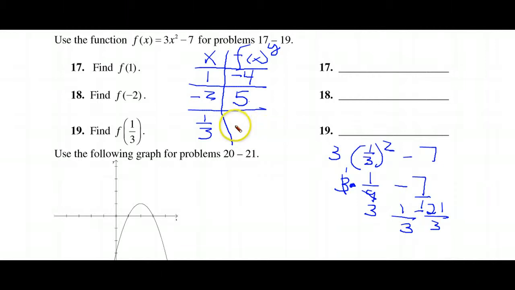Now I end up with -20/3. And once again, we're squaring 1/3, which gives me 1/9. 1/9 times 3 is 1/3. Then 1/3 minus 7 over 1, which becomes -21/3. This is another form of 7, but with common denominators, I get -20/3. Okay.